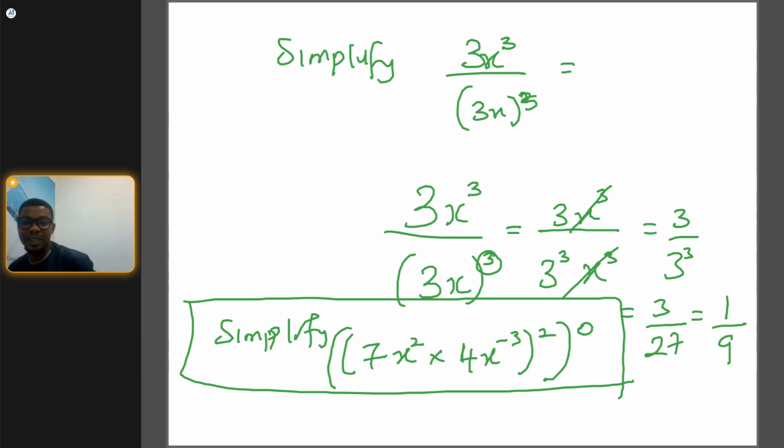So I'm going to say that we still have more questions to practice on indices, and I will refer us to our A1 Tutor app. Ensure you make use of the app to solve questions on indices. Just go to the CBT menu, click on it, and solve questions that have to do with indices.